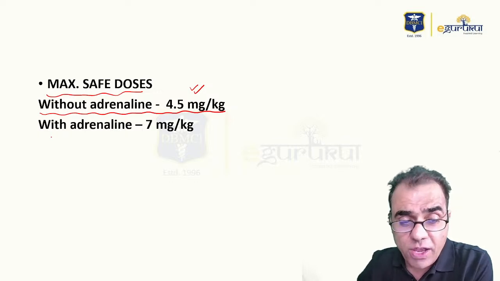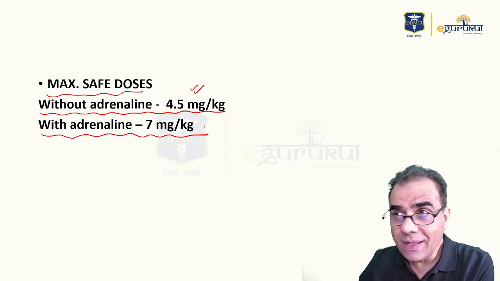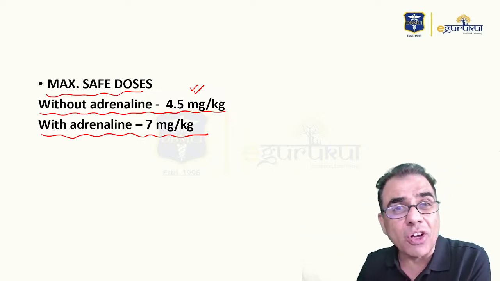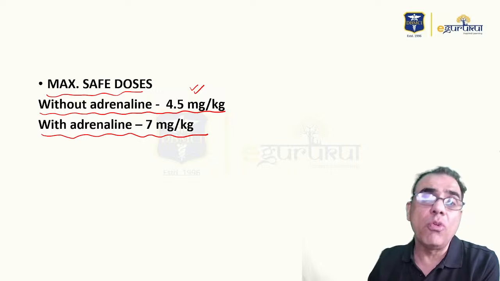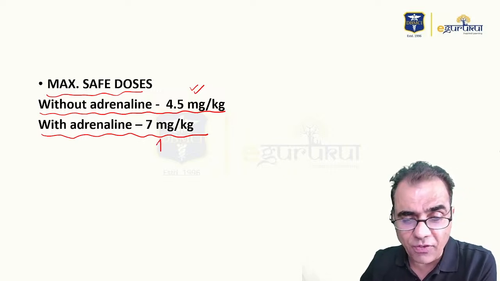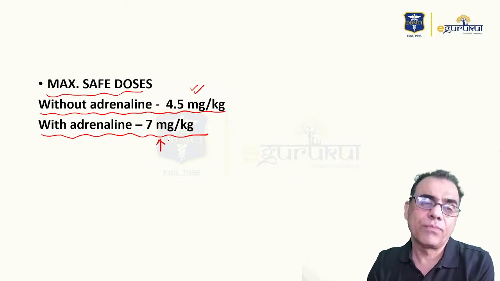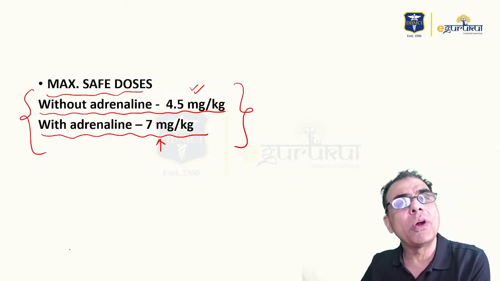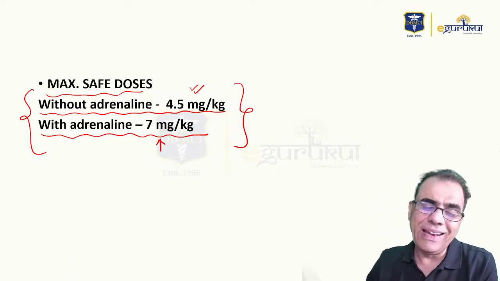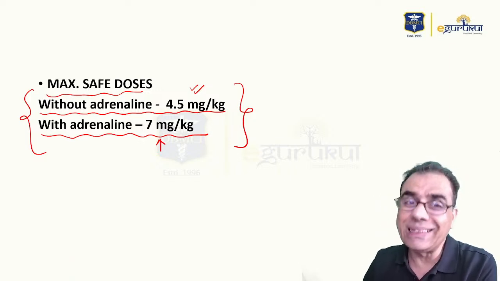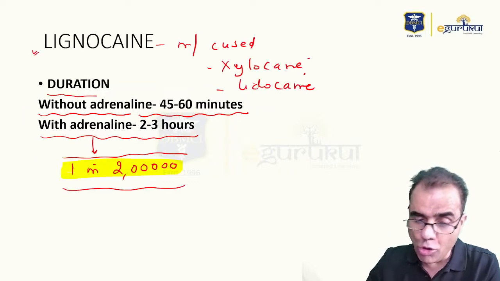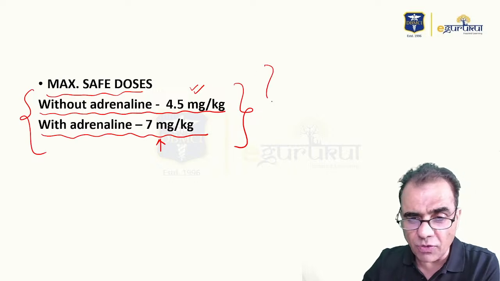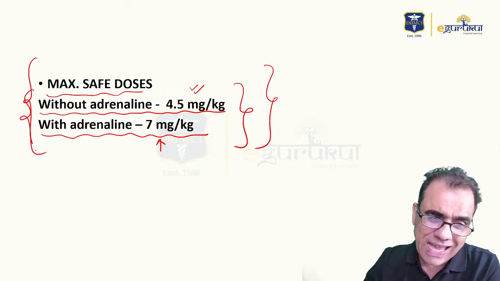However, when you add adrenaline, systemic absorption is reduced, which means chances of toxicity are reduced, and you can safely give 7 milligram per kg. So without adrenaline, the maximum safe dose of lignocaine is 4.5 milligram per kg; with adrenaline, 7 milligram per kg. And this can be expected from you. Duration of action and maximum safe doses, with or without adrenaline, has been asked and can be asked.